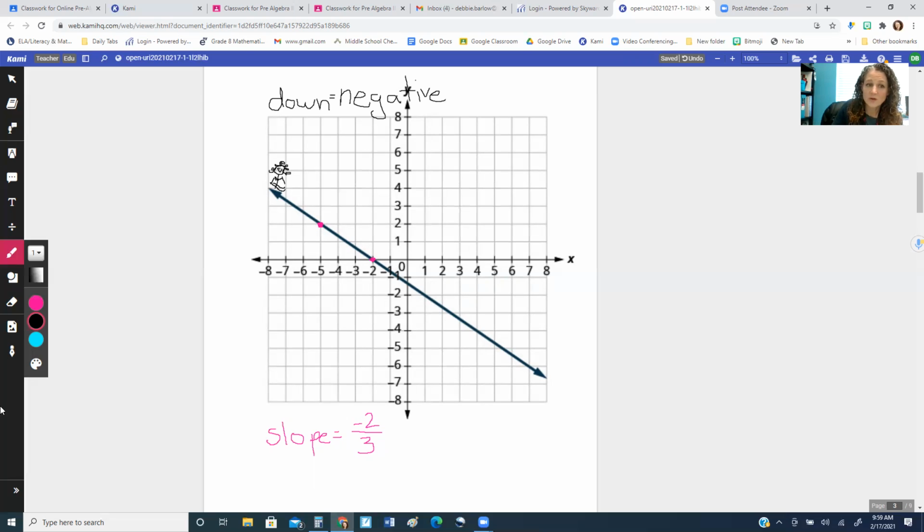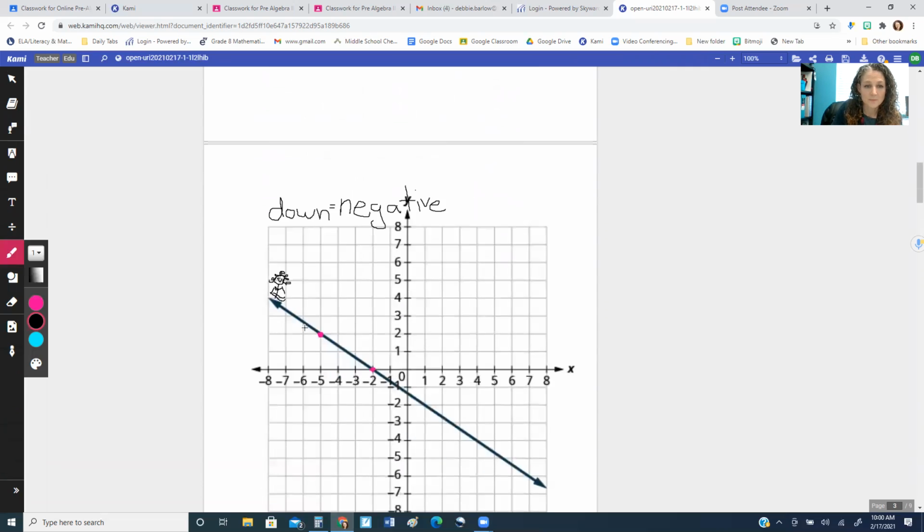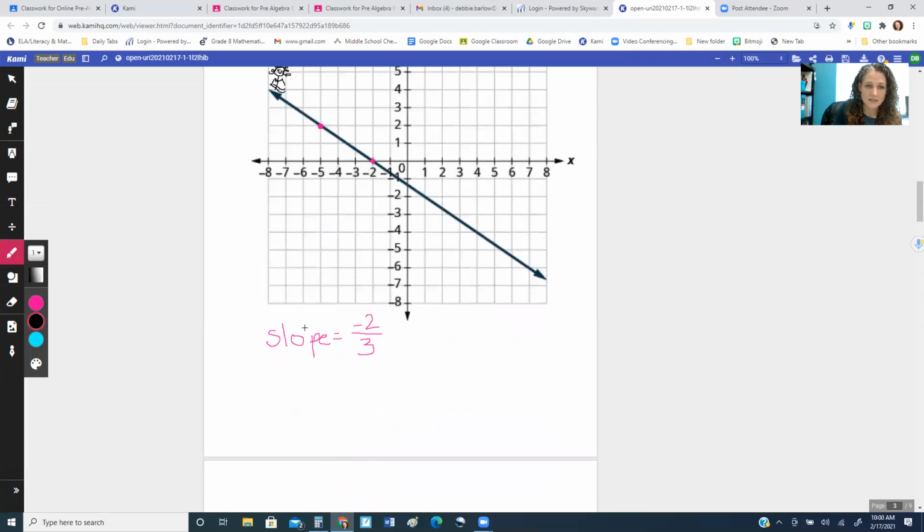So if you imagine a teeny tiny little Mrs. Barlow going skiing, wee, and she's going down the thing and it's awesome and it's fun. So if the teeny tiny Mrs. Barlow is skiing and you don't get a negative number, you've done it wrong, okay? And if teeny tiny Mrs. Barlow is going hiking and you don't get a positive number, well, you've done it wrong. So you need to be mindful of that, okay?